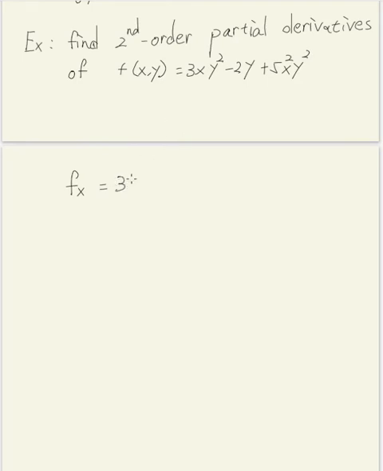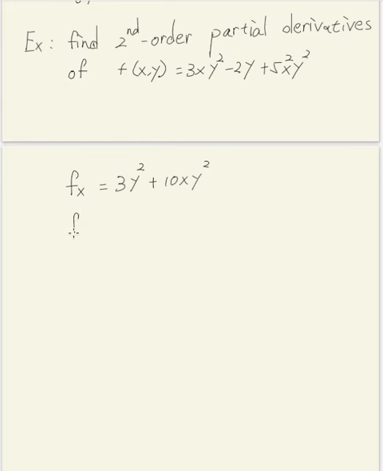So this is 3y squared, and then for the derivative of the next term, consider y as a constant, so we get 5y squared times the derivative of x squared, which is 2x, so that's 10xy squared.